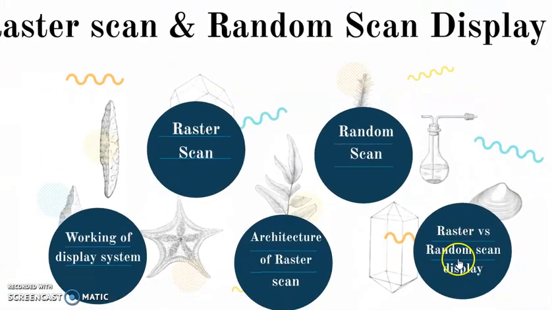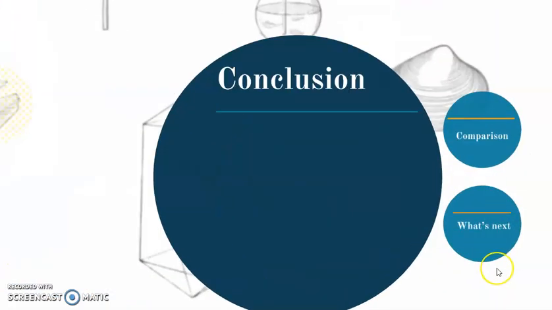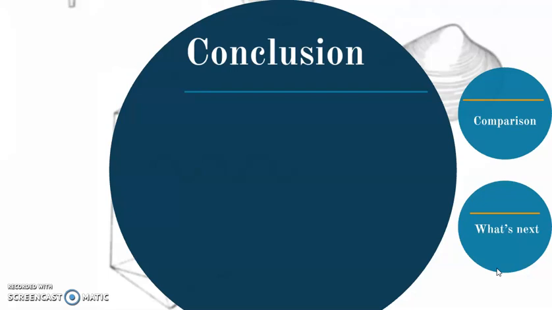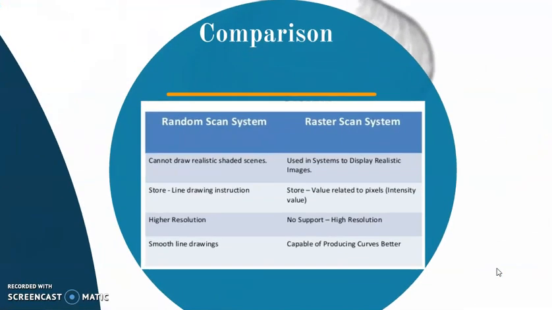Now we come to the comparison between raster scan and random scan display. With random scan display, I cannot draw realistic shaded scenes. When I want to draw a very complex curvature design, I cannot do it using random scan display because it only draws line type objects.